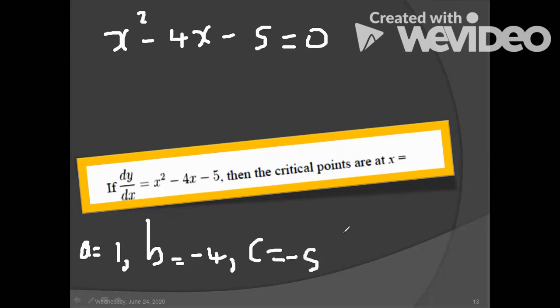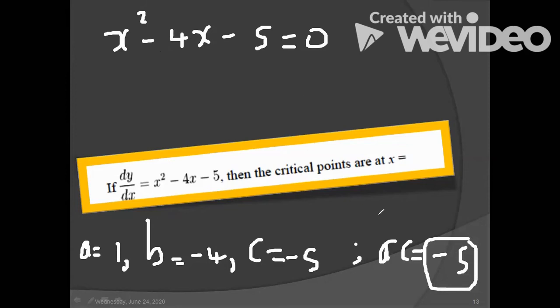And what we do is that we multiply A times C, which is 1 times negative 5, which is negative 5. So this is the number that we're focusing on. Listen carefully, you want two numbers that multiply to negative 5, and when you add the same two numbers, you get B, which is negative 4. Let me say it slowly.